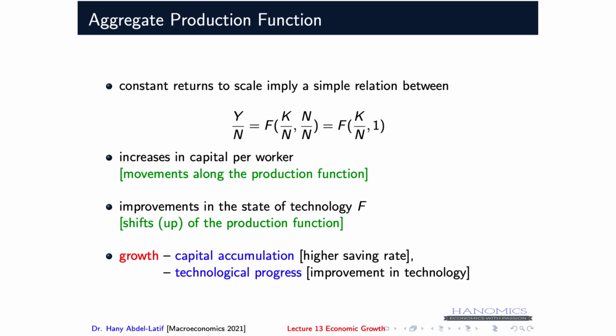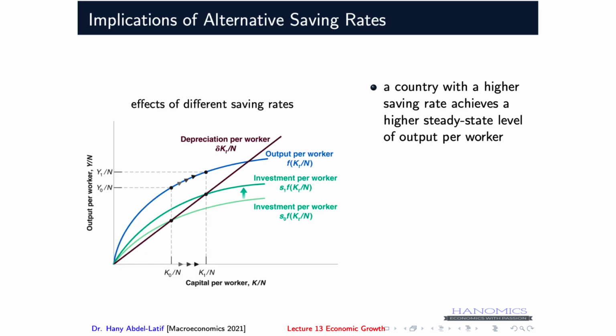We moved from point K0 over N, which denotes the steady state level associated with saving rate S0, by increasing that saving rate to a higher level, let's say S1. That means we move along the production function, upward and toward the right, so we have a period of growth until we reach K1 over N, which denotes the new, higher steady state level.